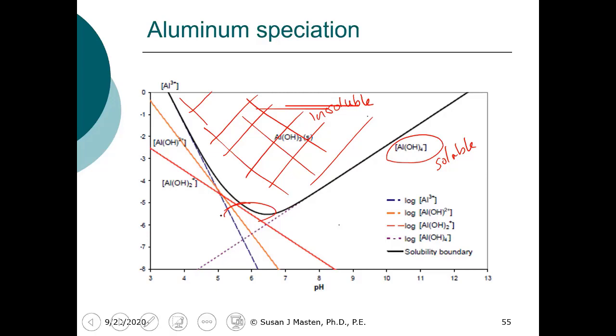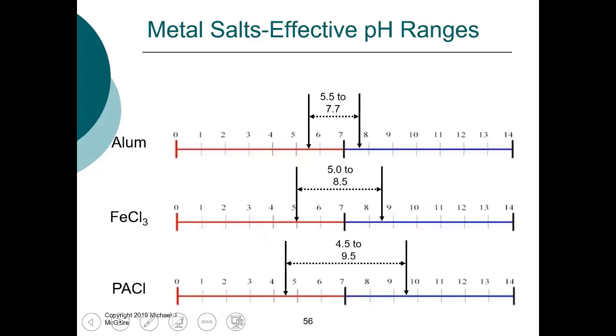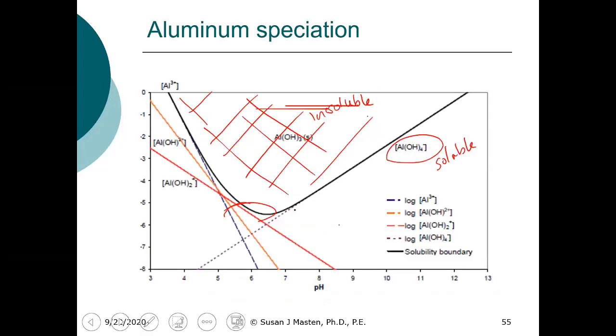Okay. And not surprisingly, when this data that I presented the other day, what you can see for alum is that a minimum occurs around 5.5. Basically, this is the optimal dose. So typically, and that corresponds fairly well with this range right here.